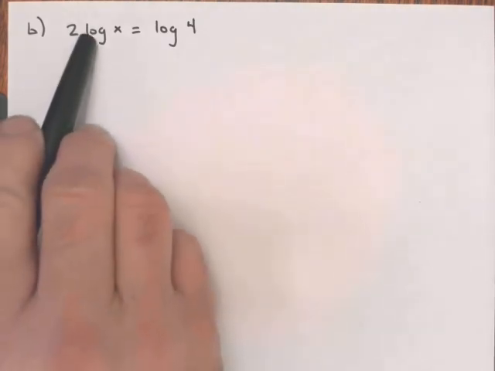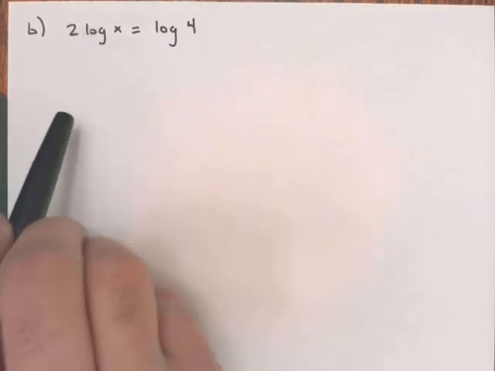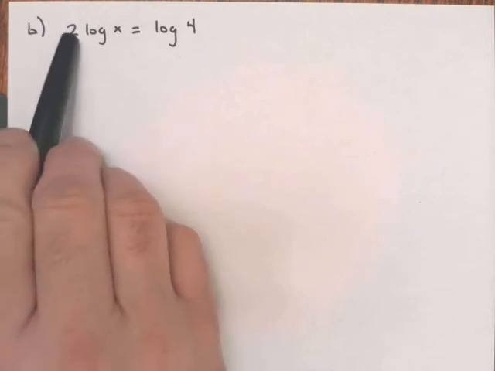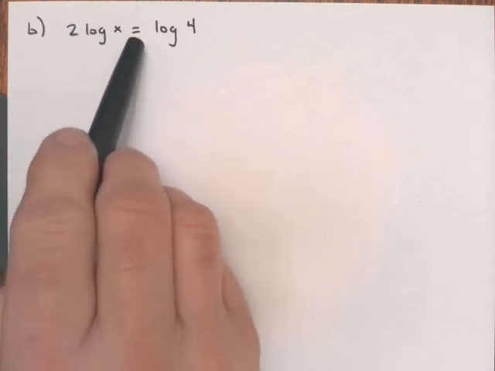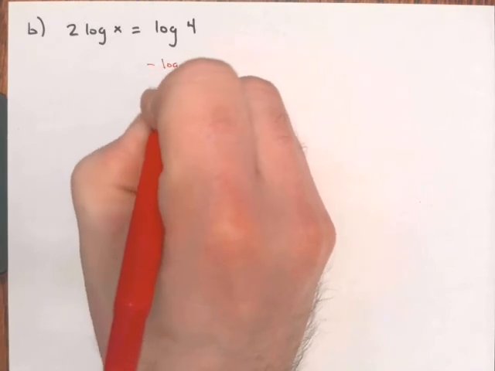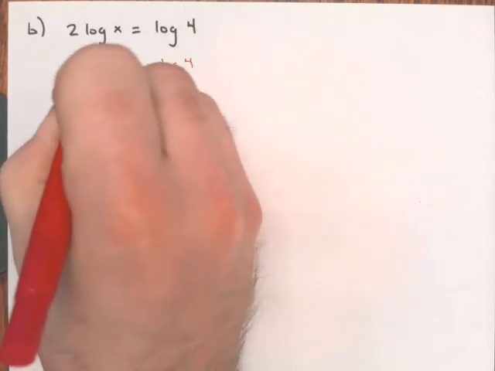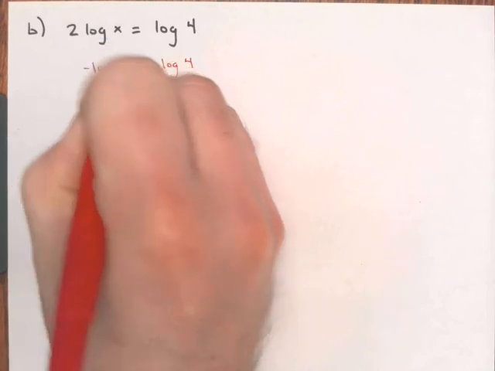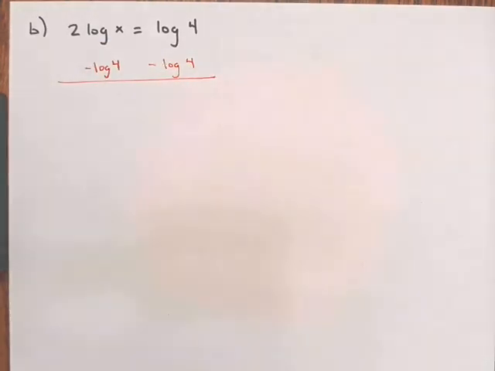The base of the log is not written in at all, so I know this is log base 10. So this is 2 times log base 10 of x is equal to log base 10 of 4. What I'm going to do is get all of the logs on one side of the equal sign. I'm going to do that by subtracting a log of 4 on both sides.